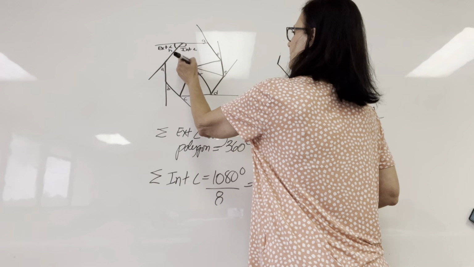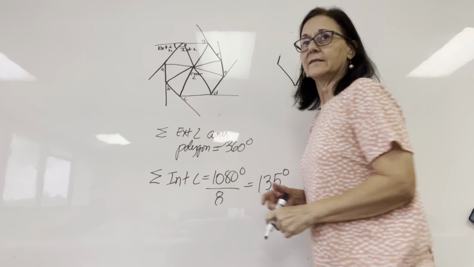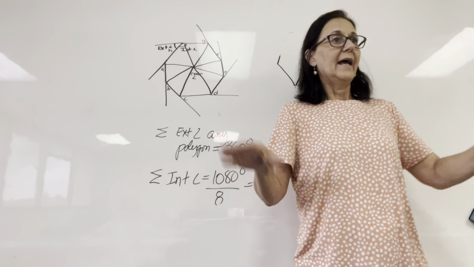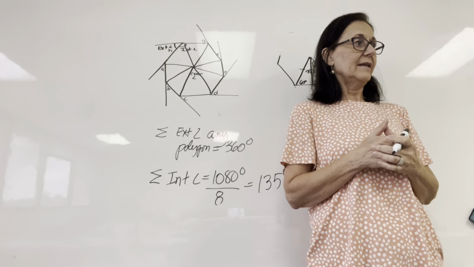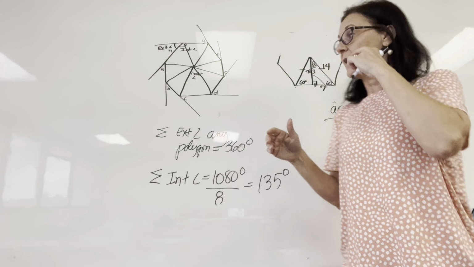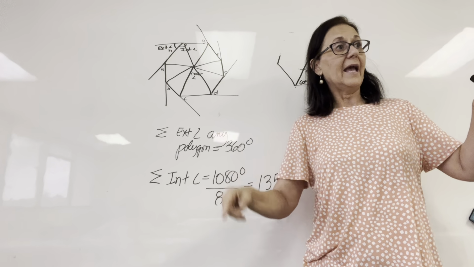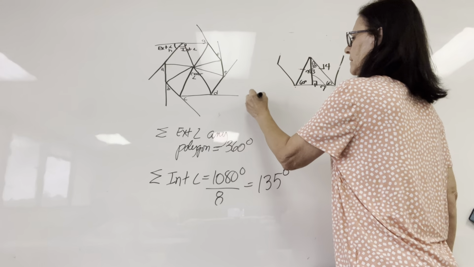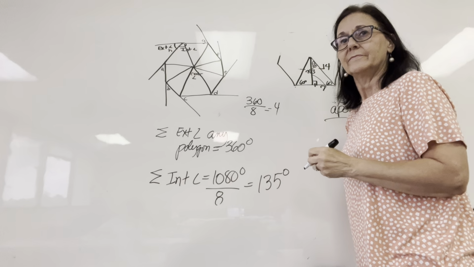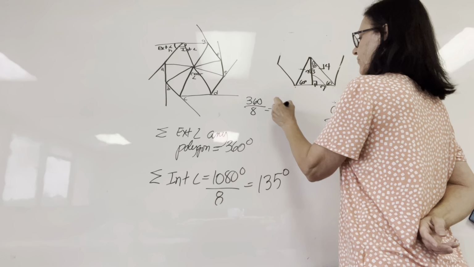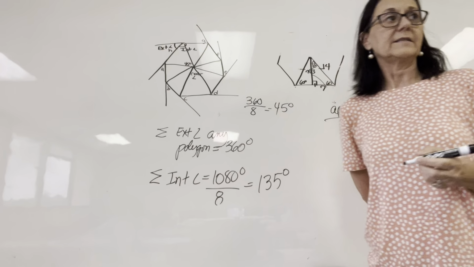There's 2, 3, 4, 5, 6, 7, 8. 8 sides, 8 central angles, 8 interior angles, 8 exterior angles. You got it? They're all 8s. So to get one central angle, I take the 360 divided by 8. What is 360 divided by 8? 40. Is it 45? It is 45 degrees. All right, so all of these angles would be 45 degrees.